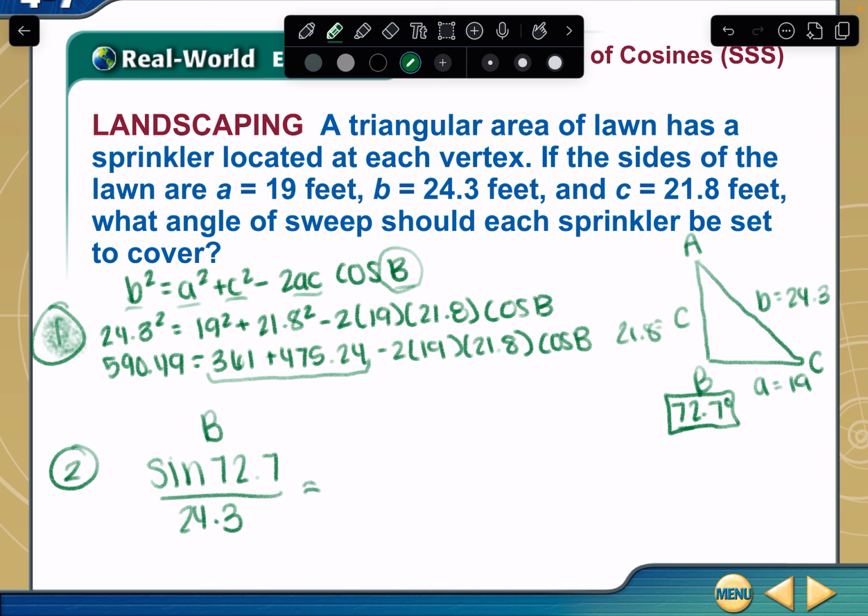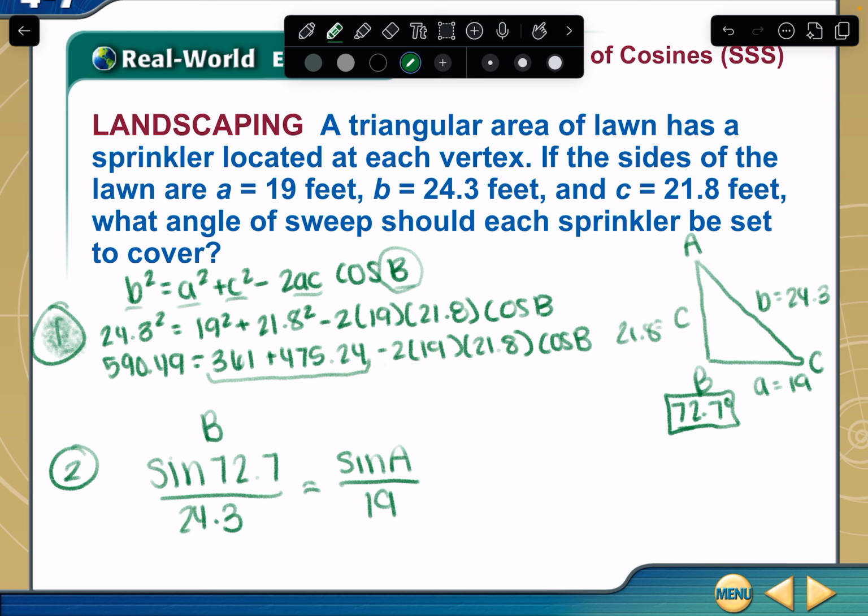And then from here, whichever one you want to solve next is up to you, determining which you plug in next. When I did it, I solved for angle A next. So I had sine A over my side length of A, which is 19.